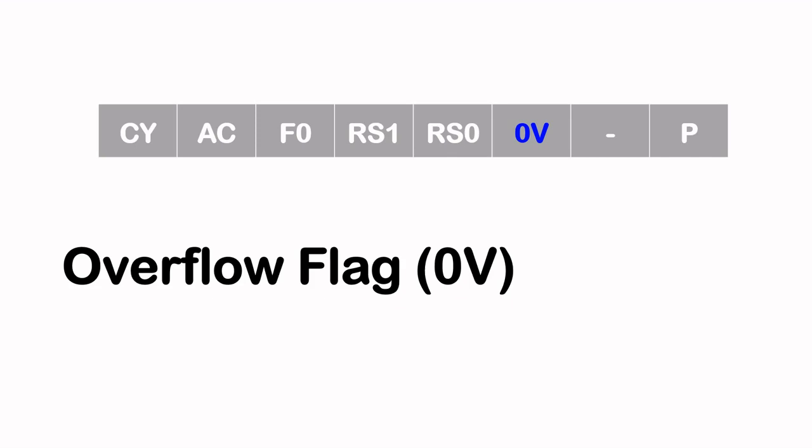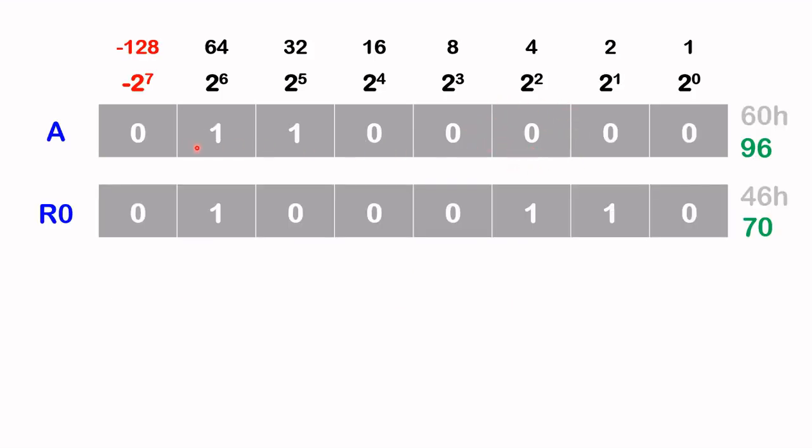Okay, so now let's look at the overflow flag, the OV, which is this bit here in the program status word. All right, so now let's put some numbers into register A. I'm going to copy this hex value 60H into A, and 60 hexa, the equivalent in decimal is 96.